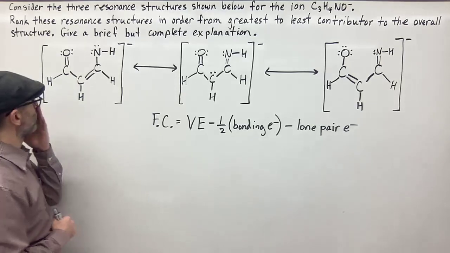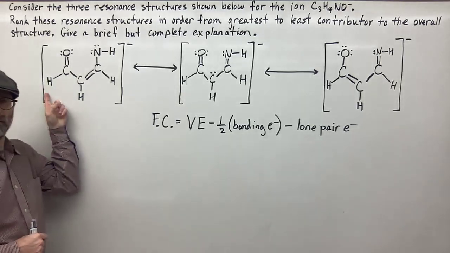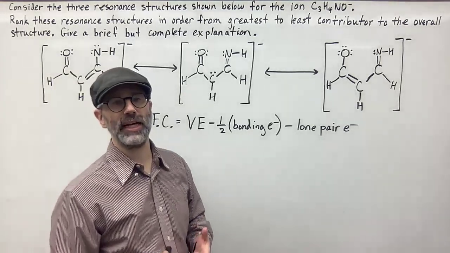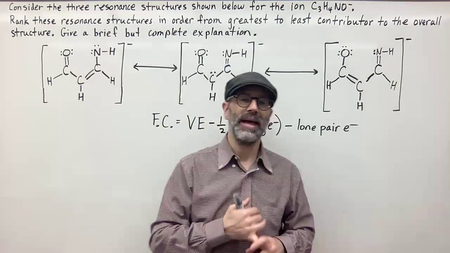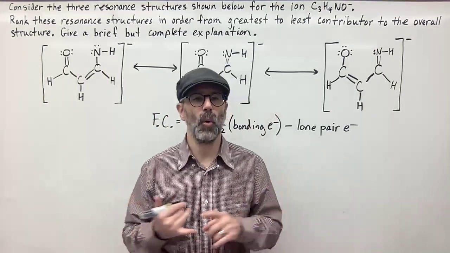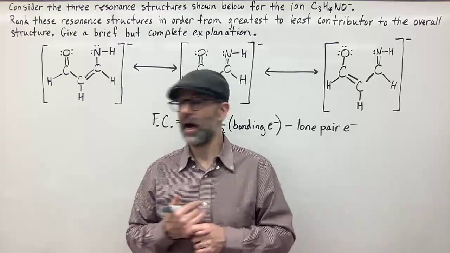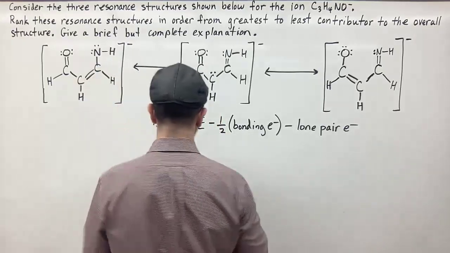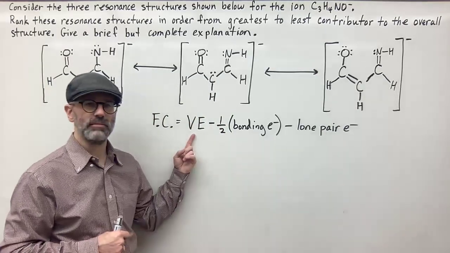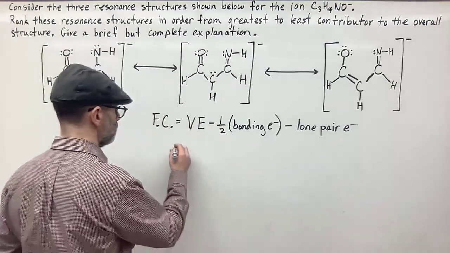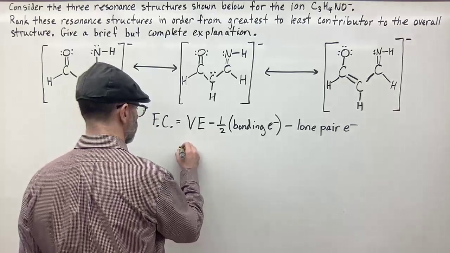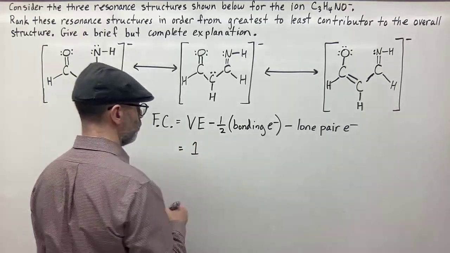So let's go ahead and do this. Hydrogen is in group 1, and hydrogen only likes to form 1 bond, right? So the formal charge would be the valence electron, which would be 1 because it's in group 1.